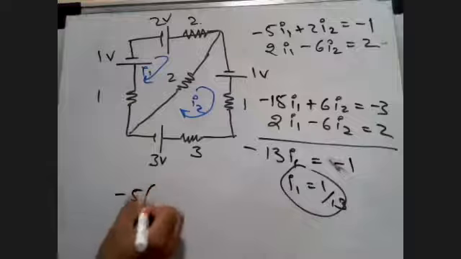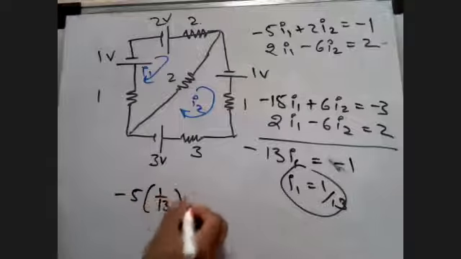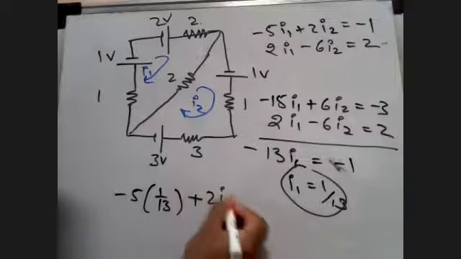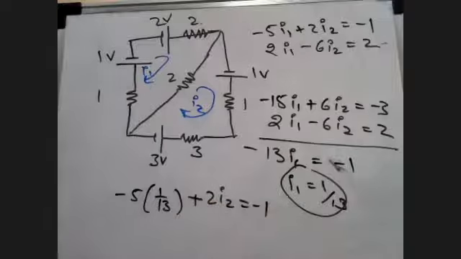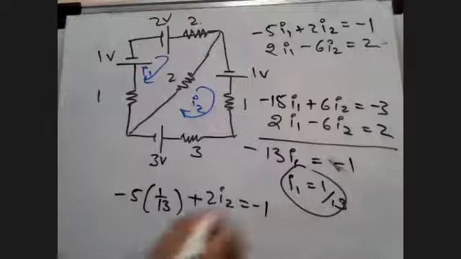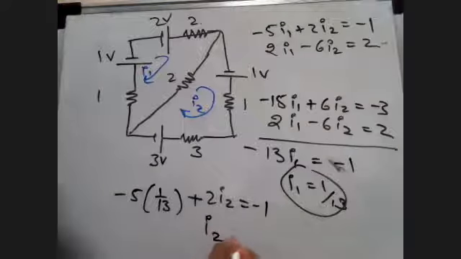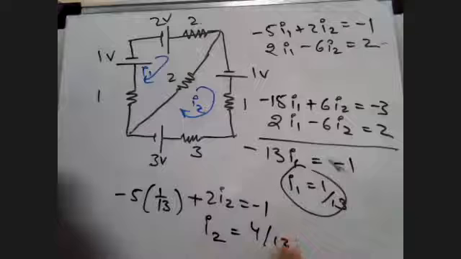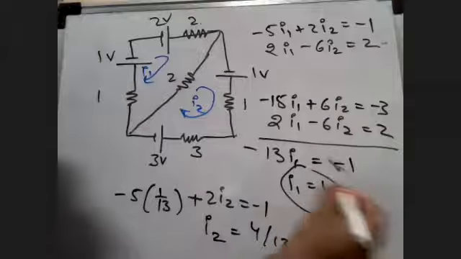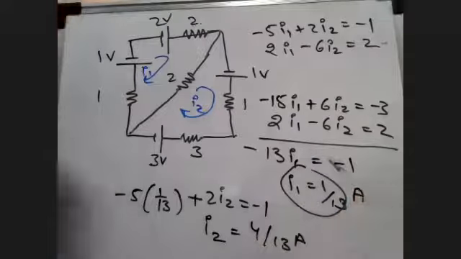It will be minus 5 times 1 by 13 plus 2I2 equals to minus 1. The answer is 4 by 13. So I2 over here will be equal to 4 by 13 amperes, and this is 1 by 13 amperes.